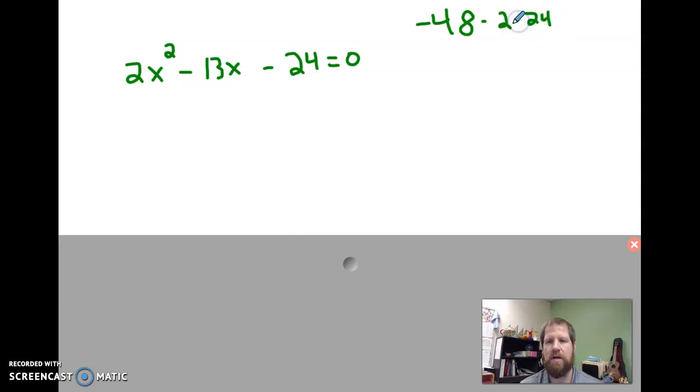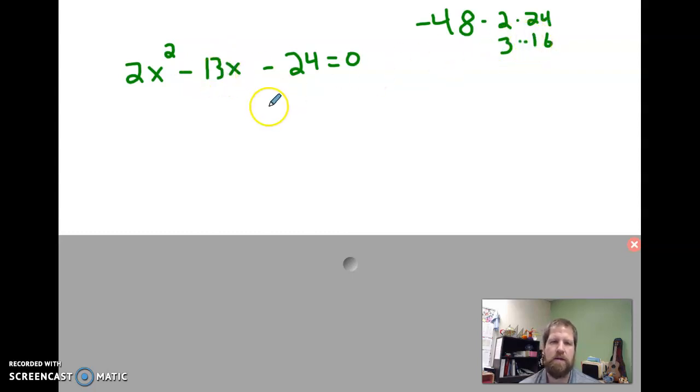But that's going to be too big. That's not going to be 13. And let's see, I could go down to 4 and something. But since this is odd, I'm going to look for an odd factor. So if I have 3, 48 divided by 3 should be 16. And if I had a negative 16, then those would add up to negative 13.